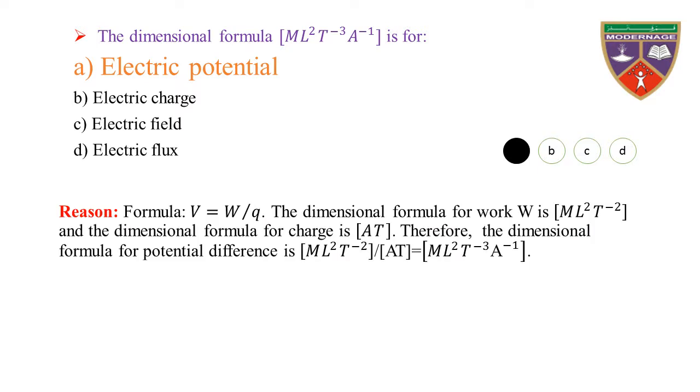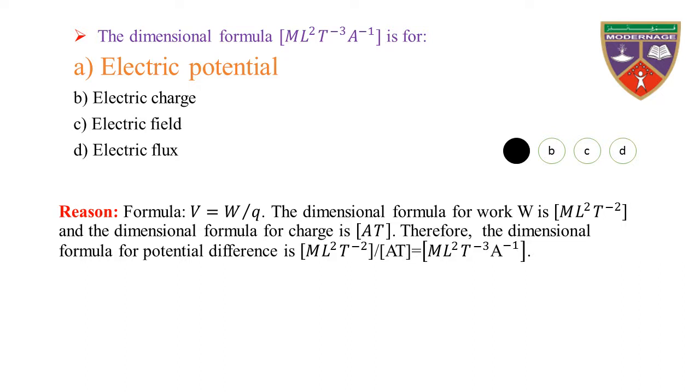Formula: V is equal to W divided by Q, work divided by charge. The dimension formula for work W is [M L² T⁻²], and the dimension formula for charge is [AT].